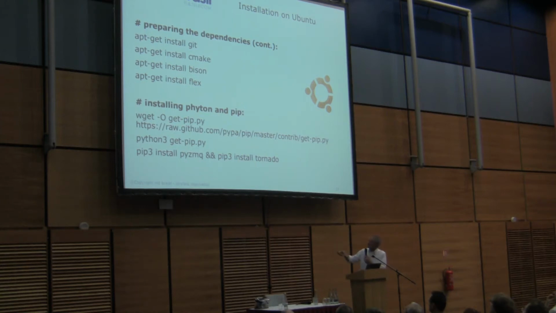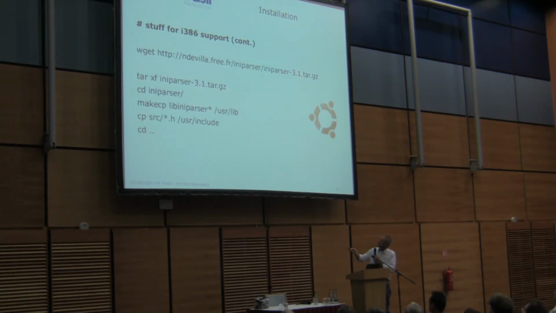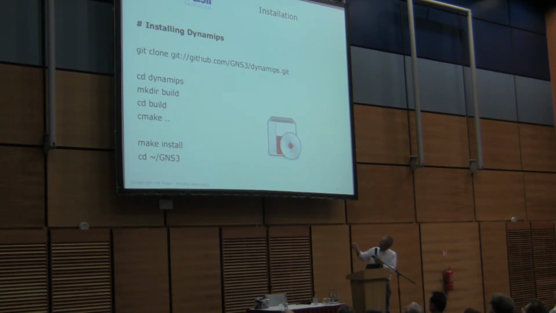In Ubuntu, you have to install all these dependencies, this stuff here and here. You have to install also Python and support for i386. You have to install Dynamips. Dynamips is to emulate Cisco routers, but even if you don't want to emulate Cisco routers, you need to install it, because GNS3 needs some dependencies of Dynamips to work.